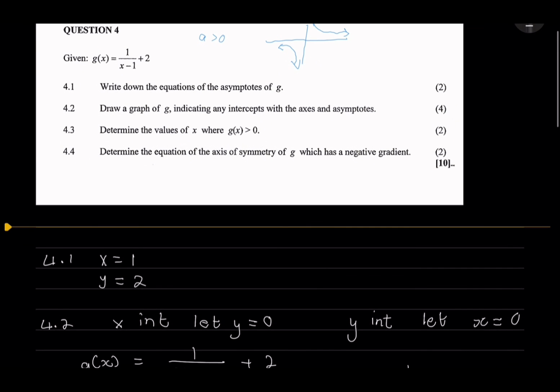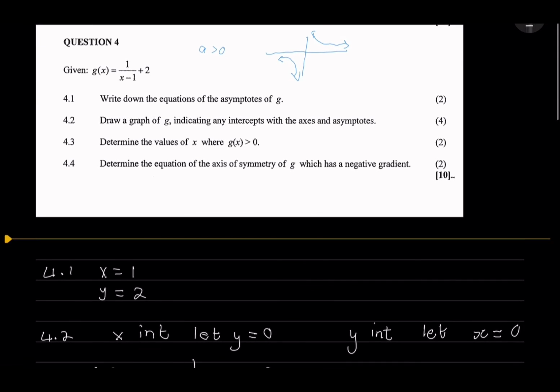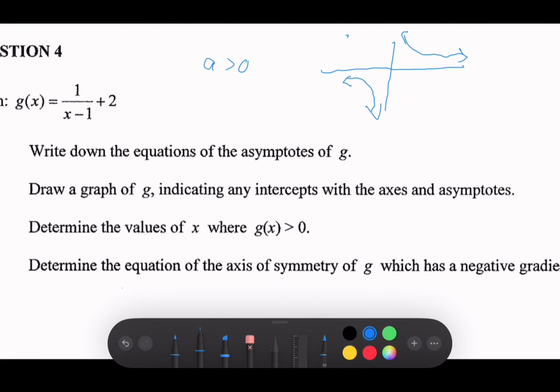4.4, I believe, yes, the last one. Now they are saying, determine the equation of the axis of symmetry of which g has a negative gradient. Negative gradient. Let's look at this graph. We know that if this is our graph, there is this line of symmetry and this line of symmetry.